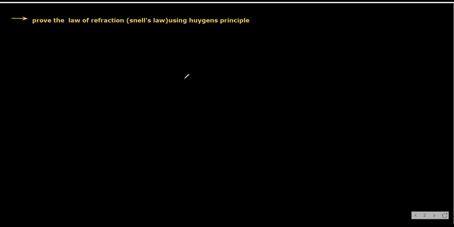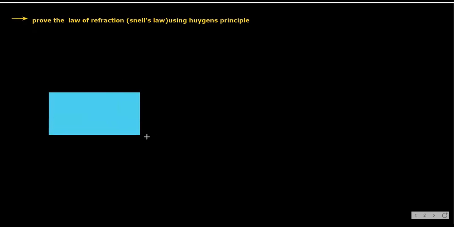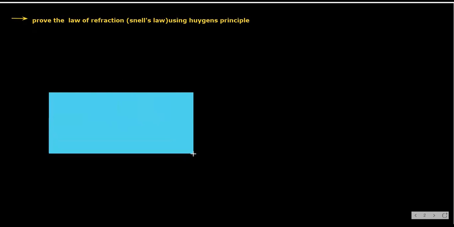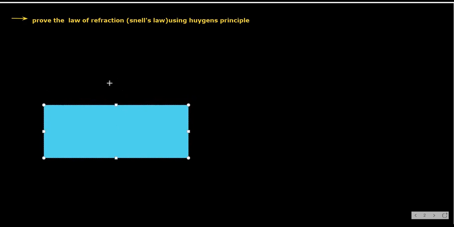So let's see now how it is. So for that, first I am drawing diagram. You also listen carefully and draw if possible with me only. So as this is refraction now, listen carefully. I am taking two media. So you can see here, this is medium 2 and this black one is medium 1. Now this light ray is incident on this medium like this.